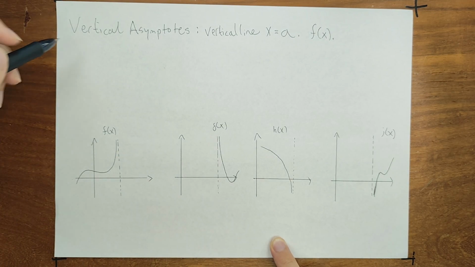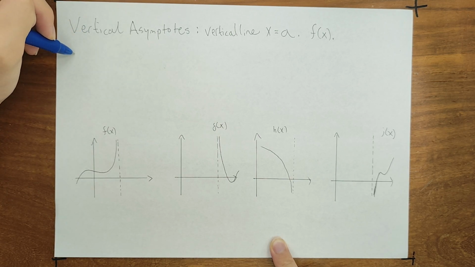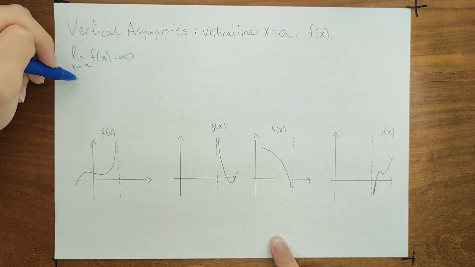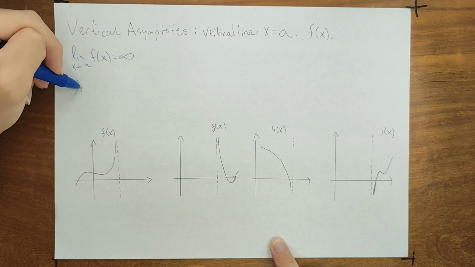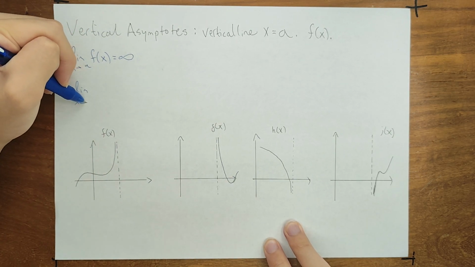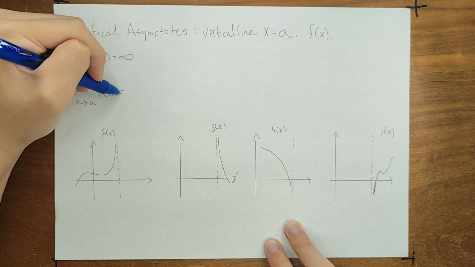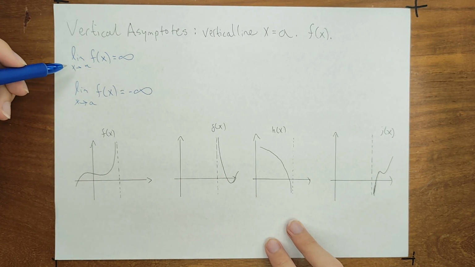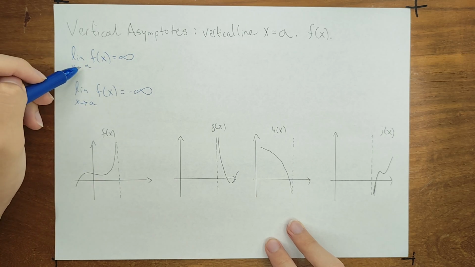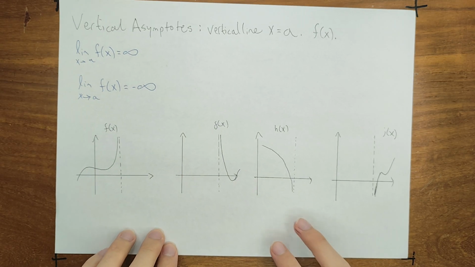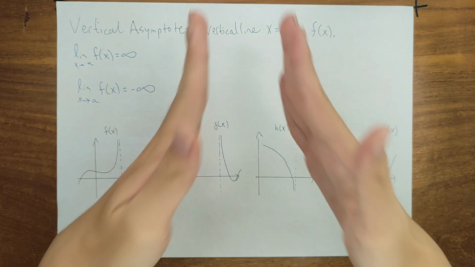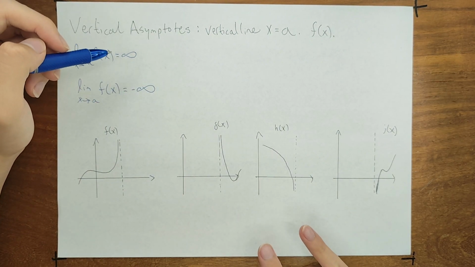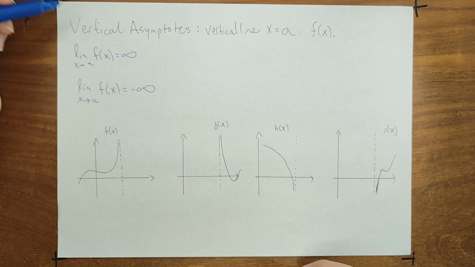Alright, so let me write them. The first two equations simply mean that if x approaches a from both sides, and the function gets infinitely big, then that line x equals a is a vertical asymptote.